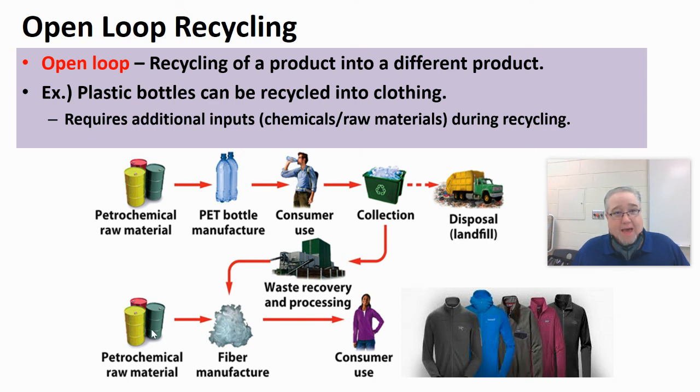So you'll notice here that chemicals are used to make the original product, and then we also use chemicals to make the new product. So there's two different inputs, in this case, of most likely toxic chemicals going into consumer products that could eventually end up in a landfill anyway.